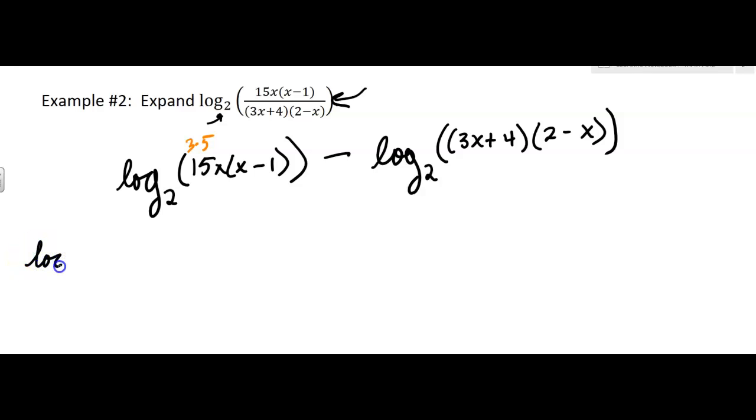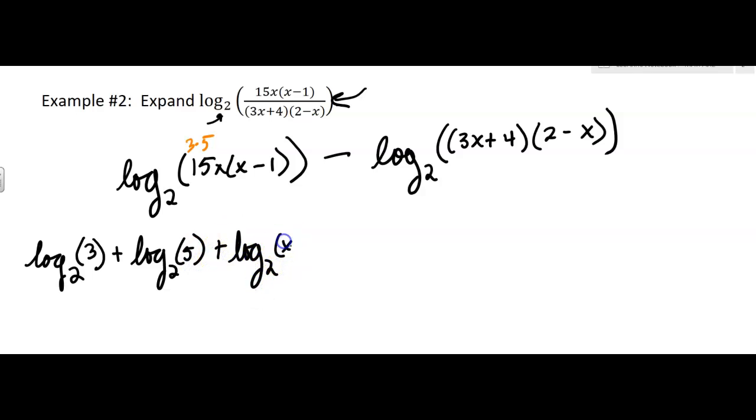So it's going to be log base 2 of 3 plus log base 2 of 5 plus log base 2 of x plus, I think I'm going to need more room, log base 2 of x minus 1. All of that then was the first part, okay? So we had 3 times 5 times x times x minus 1. So there were 4 factors, and they each got their own logarithm. That's how we expanded it.